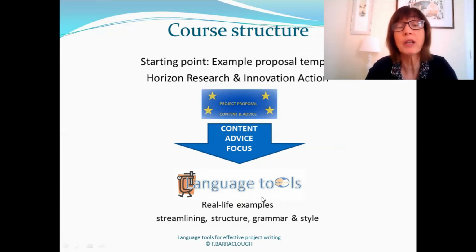and then we go on to look at real life examples and how they could be improved. So we will be doing a lot of streamlining, in other words, cutting out all those unnecessary words so that we can get our main messages across more effectively and clearly. We will also be looking at how to structure our writing and also at issues related to grammar and style.